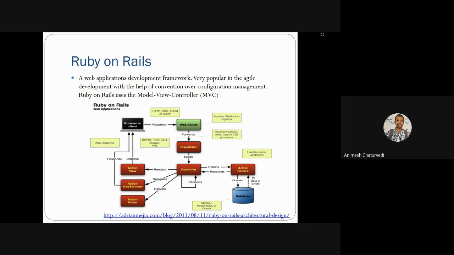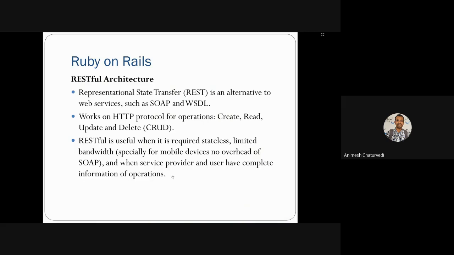The query goes inside, and then the data will be generated as output, and the response goes to the controller, and then the controller will again show the rendering and the action will be done. So these things work. I hope this architecture is clear to all of you. These are the various components of model view controller in Ruby on Rails.